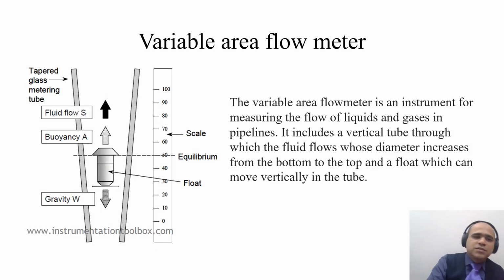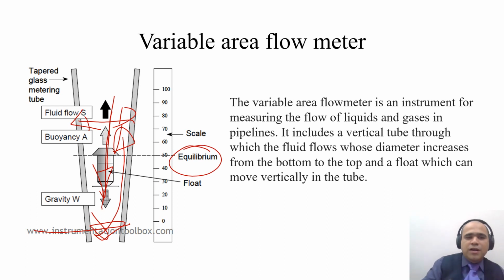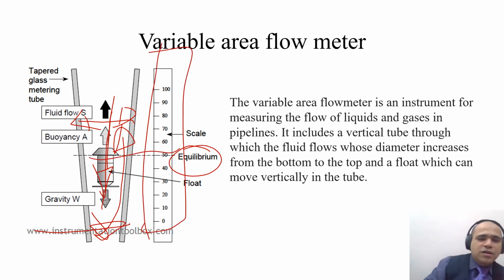What happens is when a large flow comes, the float is trying to come down because of gravity, but when it moves up, the area increases, and then it reaches equilibrium at some point, and that equilibrium can then be calibrated to give the measurements of the flow. It's a purely mechanical sensor.